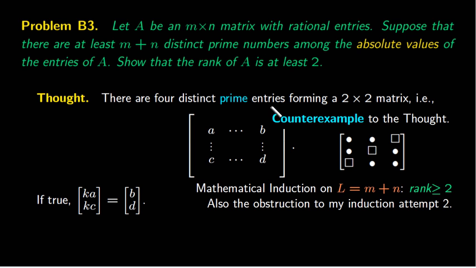So it fits exactly into the induction hypothesis. But if you look at it here, the problem is that every row and column has exactly 2 distinct primes. So by removing it, you're losing too many distinct primes, and this case became a serious problem in my induction attempt.